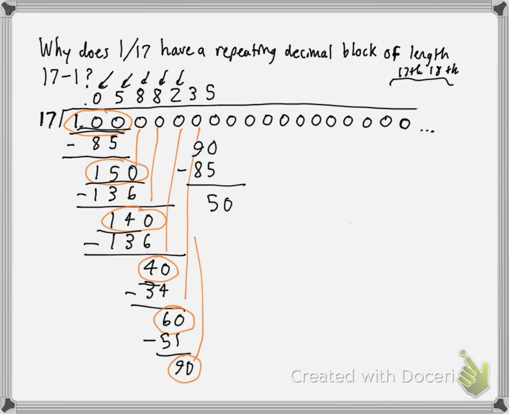Again, look at the different multiple of 10 that we run into. 17 goes into 50 twice. 50 minus 34 is going to give us a 16, and we carry down a 0. So again, there's a different multiple of 10. 17 times 9 is 153, so we'll put a 9 up here. We subtract, and we'll pull down the 0. Again, a different number.